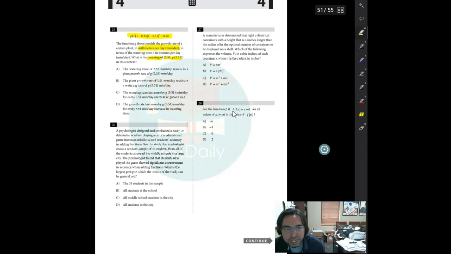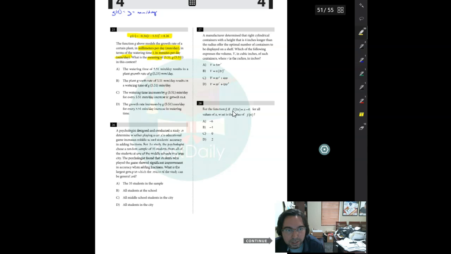So the function g, or essentially that's y, is saying g of t, or y, equals millimeters per day of things. And the next point is telling us that in terms of watering time, t is in minutes per day.